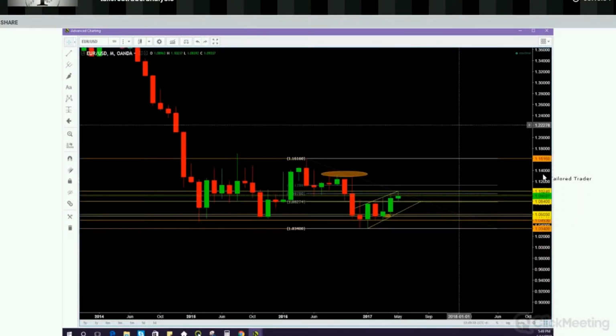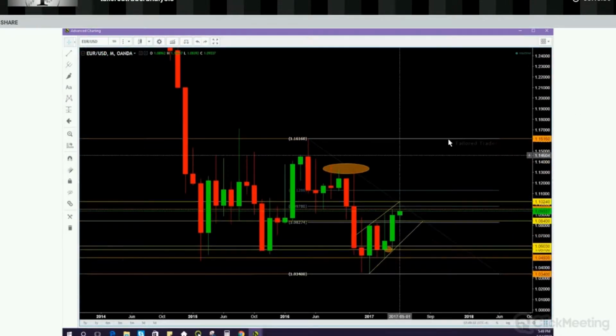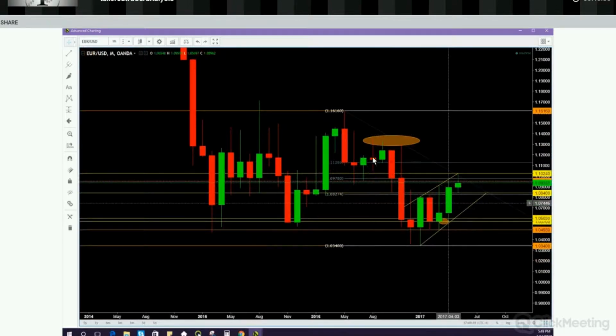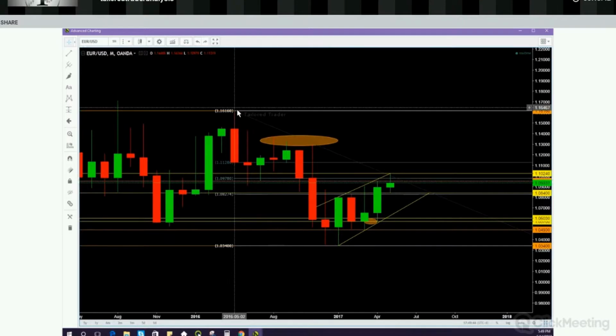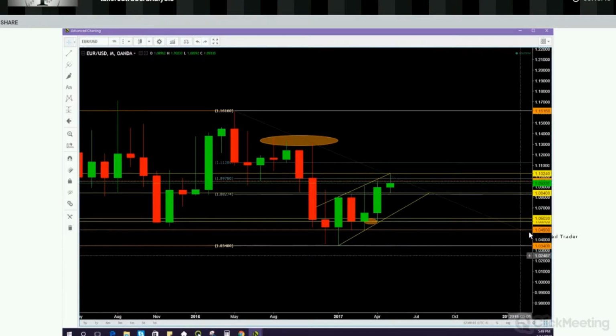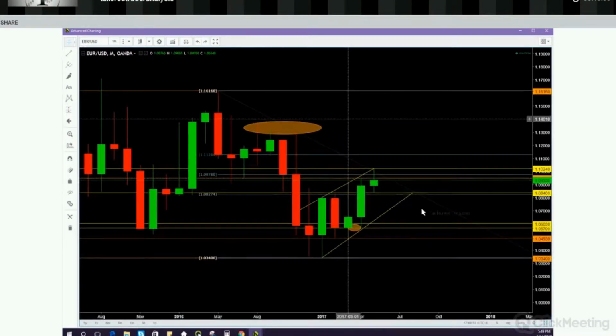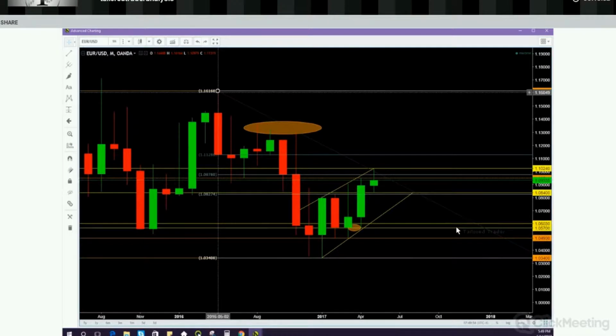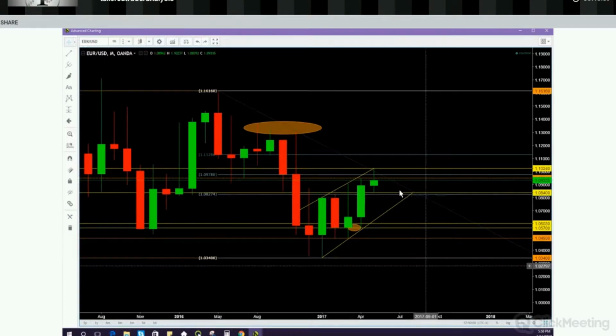And as you can see, this is a monthly chart, so this is quite some time that the Euro has been back and forth inside of what I have as an extreme monthly high up here at the 1.1616s, all the way down to extreme lows at the 1.0340s. And I have a Fibonacci level marked from that high to this low, and right now we're kind of teetering back and forth on the 50% mark from that extreme high to this extreme low.